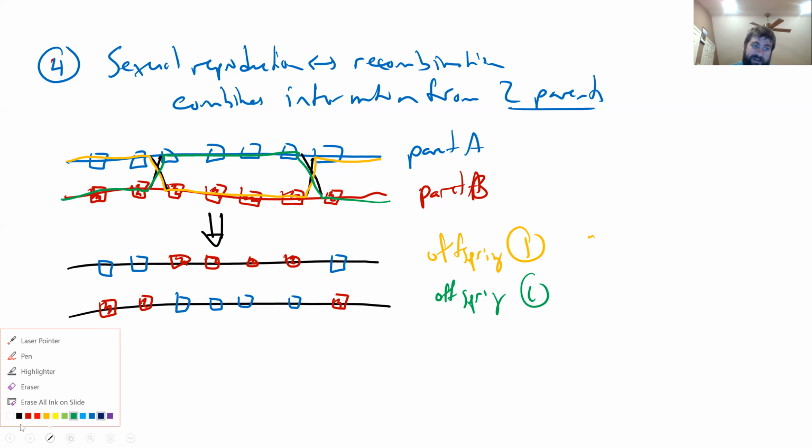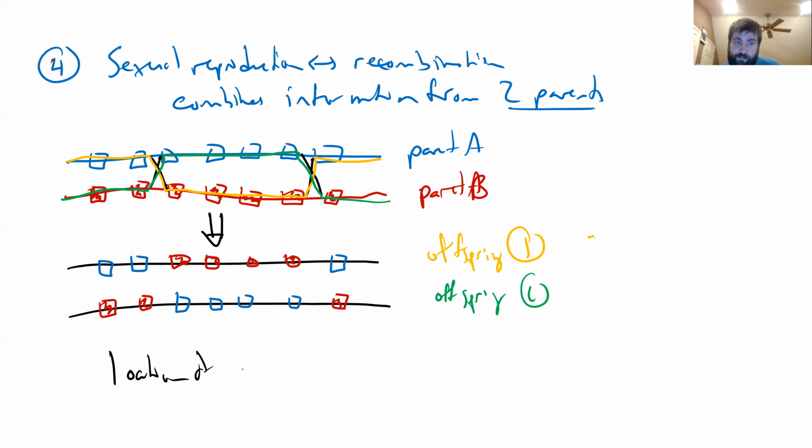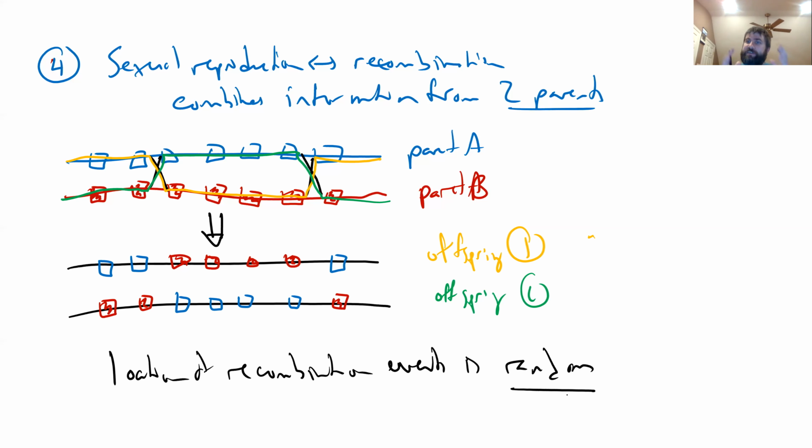And just as in the process of genetic mutation where an individual gene is varied, the location of recombination events is also a random process.